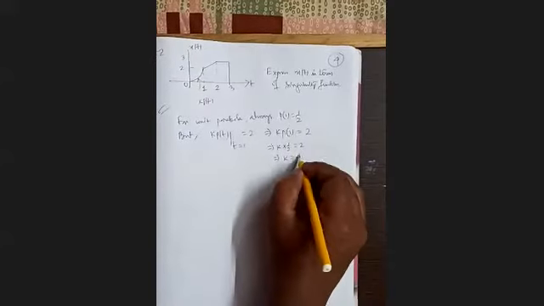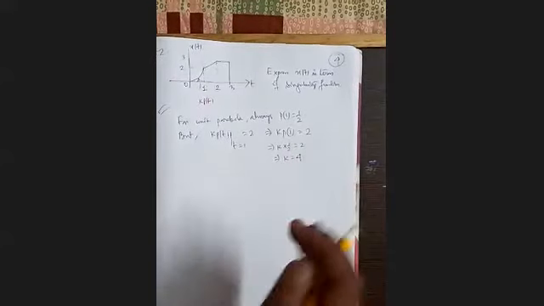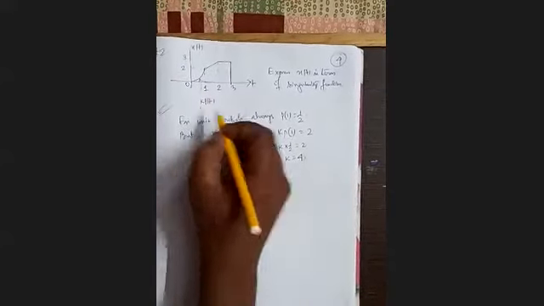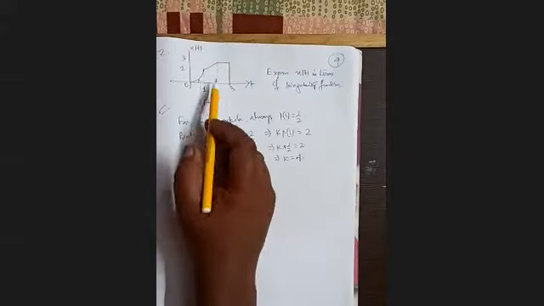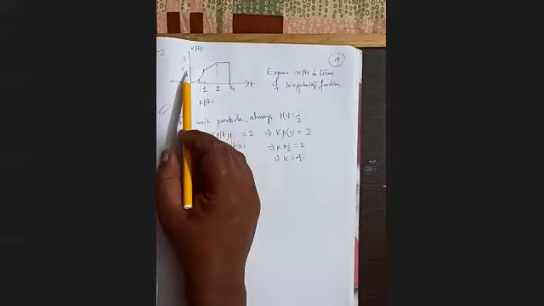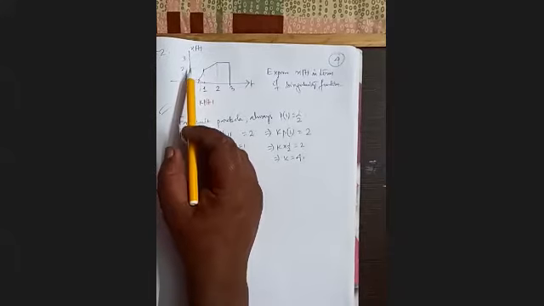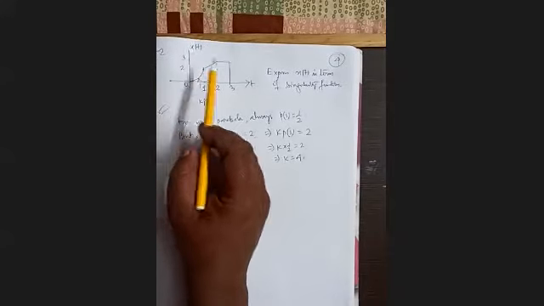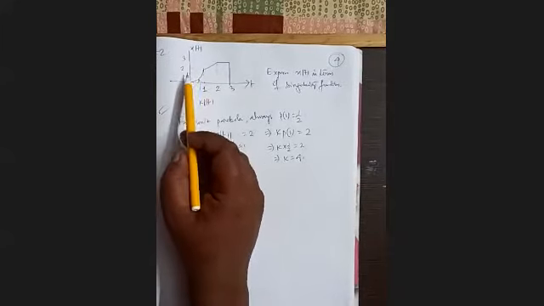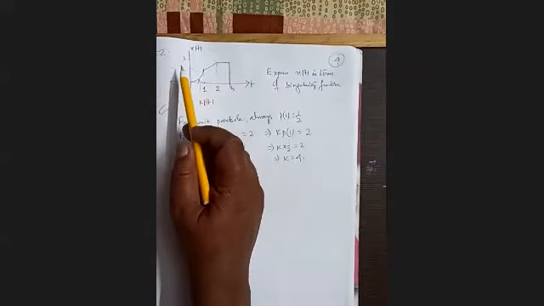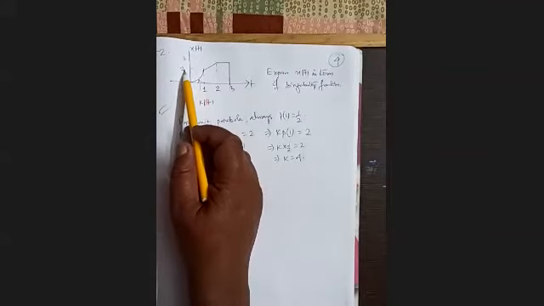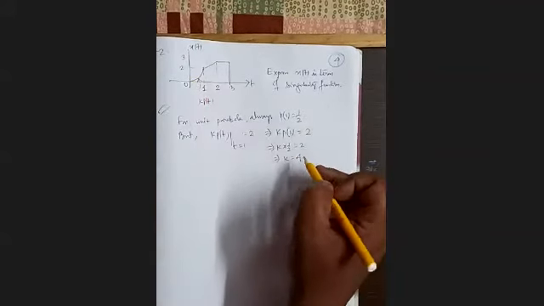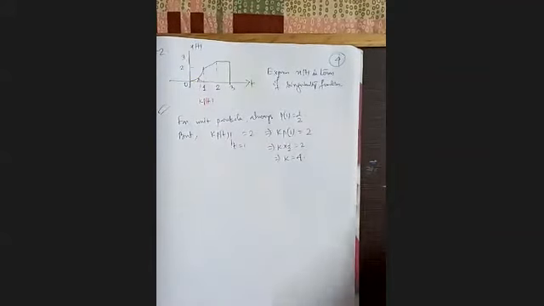So it is 4 times the unit parabola, 4 p(t). Instead of having a value of half at t equal to 1, its value is 2. So 2 is 4 times the value of half. That's why it is 4 times the unit parabola.